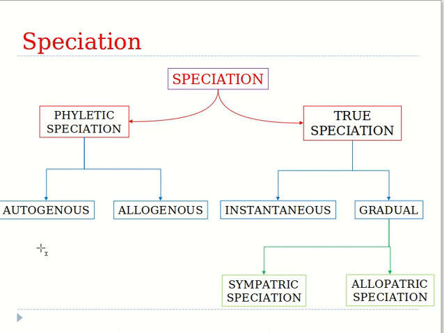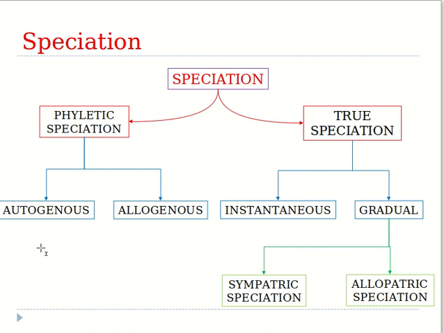So autogenous is by way of evolutionary process, allogenous is by hybridization. Phyletic speciation is divided into two based upon how the transformation happens. If it is by evolutionary factors, it is referred to as autogenous, and if it is by hybridization, it is known as allogenous.